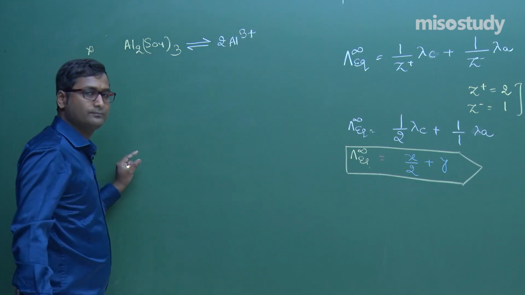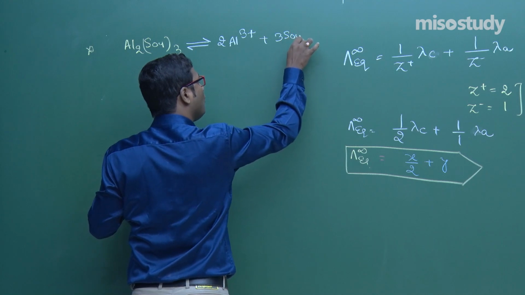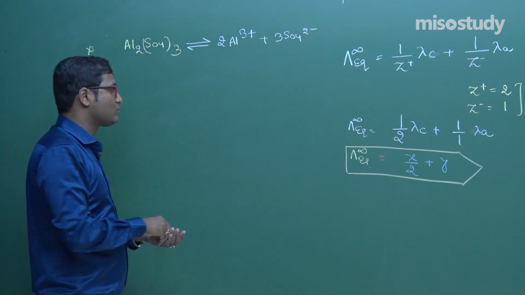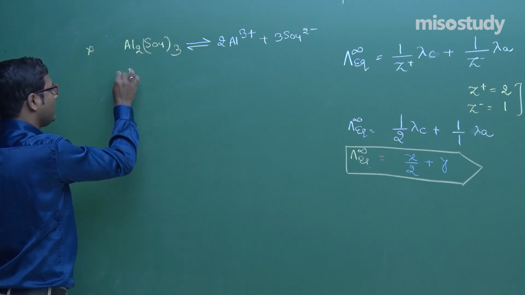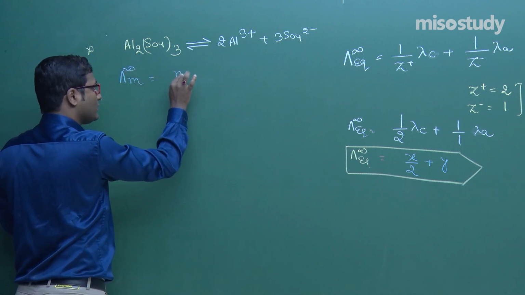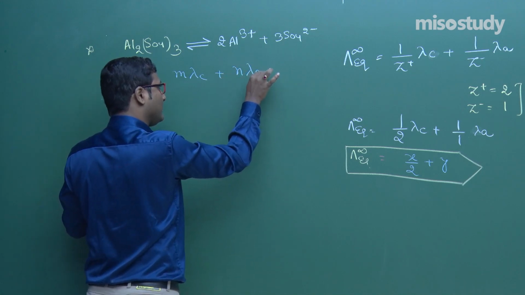2Al3+ and 3SO4 2-. This is the case, and in this case what to do, my friend? That is the expression here for molar conductivity at infinite dilution, equal to m lambda c plus n lambda a.